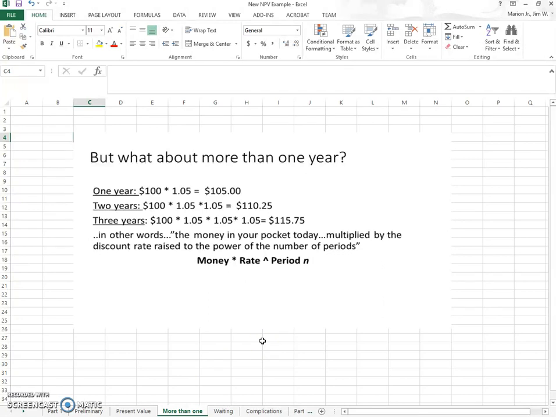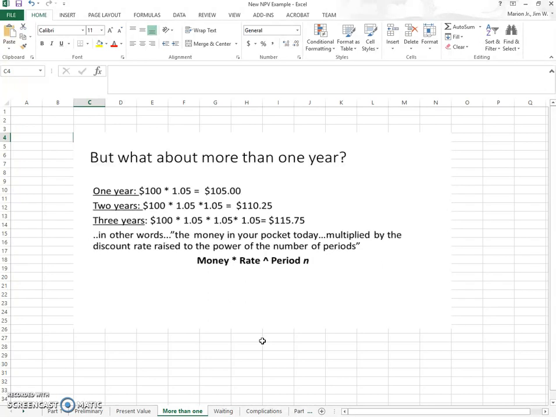So if we were going to summarize this in a simple shorthand way, in 1 year, it's 100 times 1.05. That calculates the effect of 5%. 2 years is 100 times 1.05 raised to the second power, or 1.05 squared. A number times itself is squared, or raised to the second power. In 3 years, it's 100 times 1.05 to the third power.